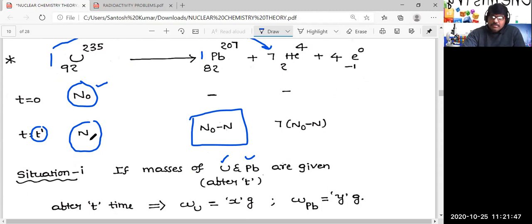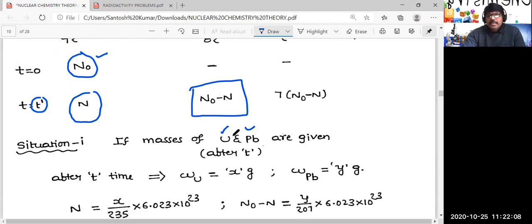Otherwise, they may give the mass of uranium and the volume of alpha particles produced in that time period under NTP conditions. Otherwise, they may give non-NTP conditions. You can calculate under NTP conditions to find the number of moles. It's not a big task, right? So, if masses of uranium and lead are given, how to find N naught, that is our discussion.